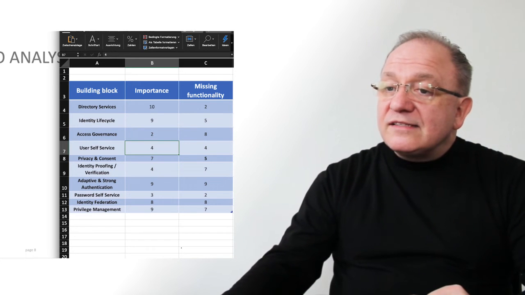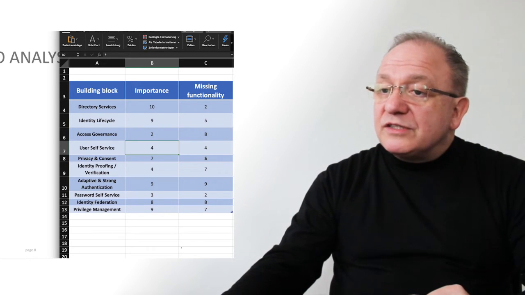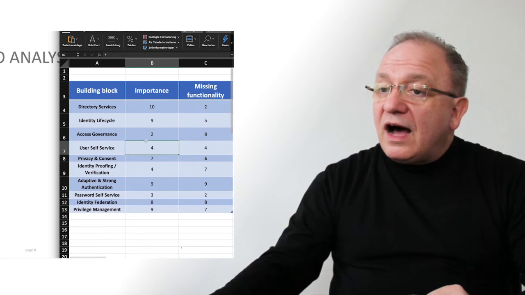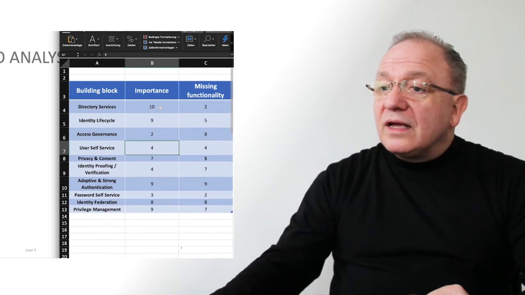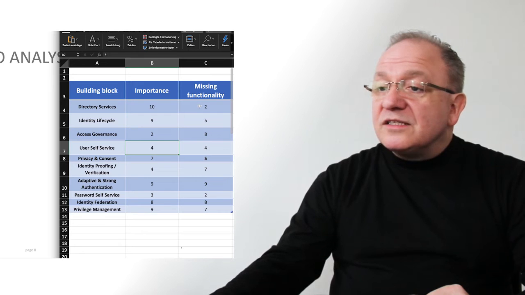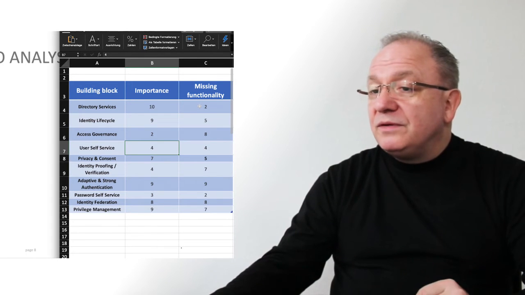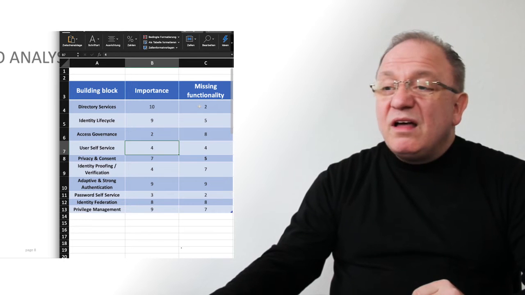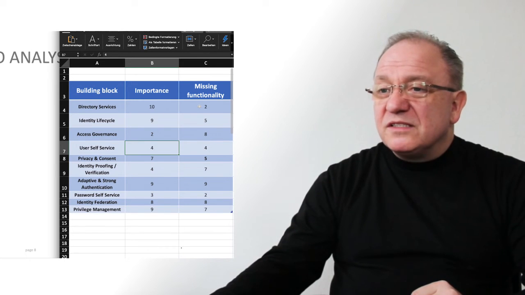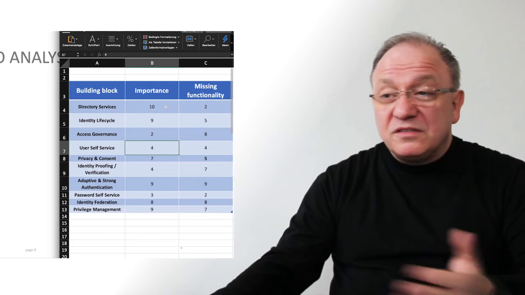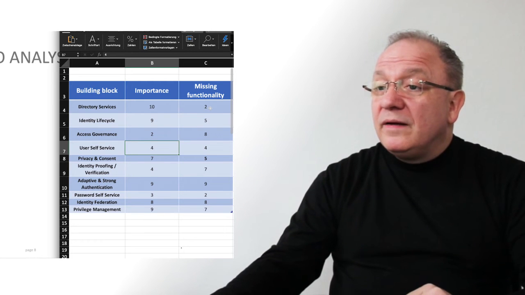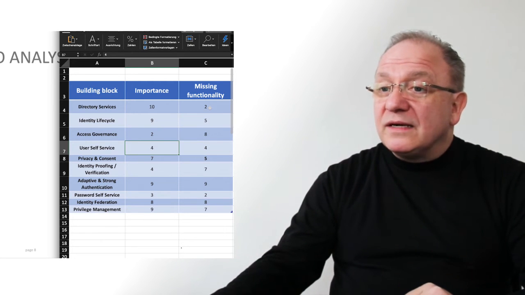So if we take as an example the directory services, of course, they are highly important, but usually as these are grown up systems and directory services were the first to be in place within an IAM system, there usually is not too much functionality missing. So it is important because otherwise things don't work, but there is no functionality missing.